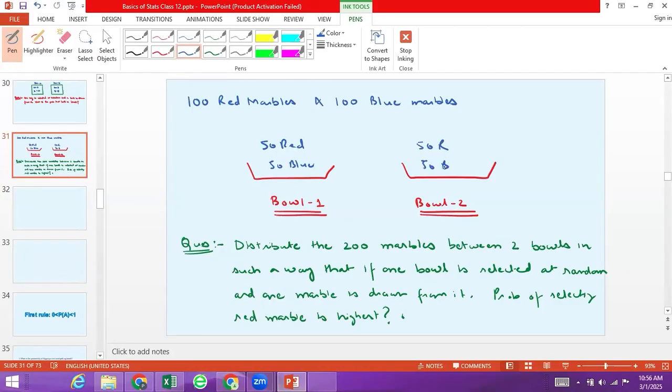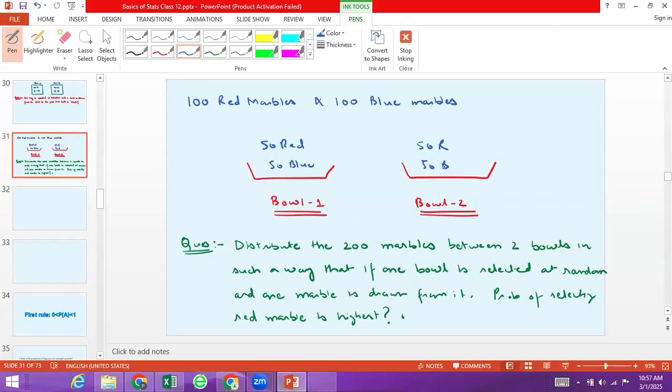Then we can just take the probability of red from ball one, 50 by 100 plus 50 by 100, which is 100 by 100, 1. No, you said 50 by 100 plus 50 by 100, so 100 by 101.